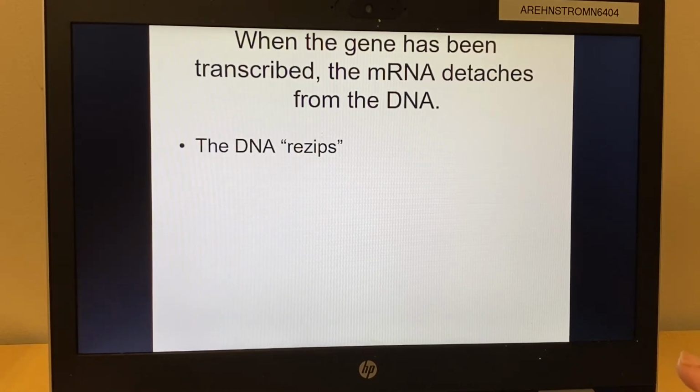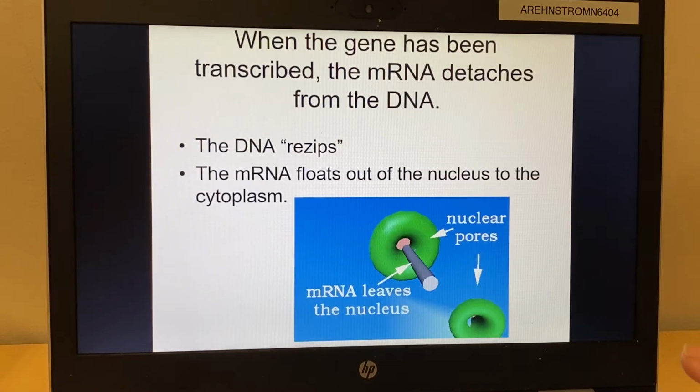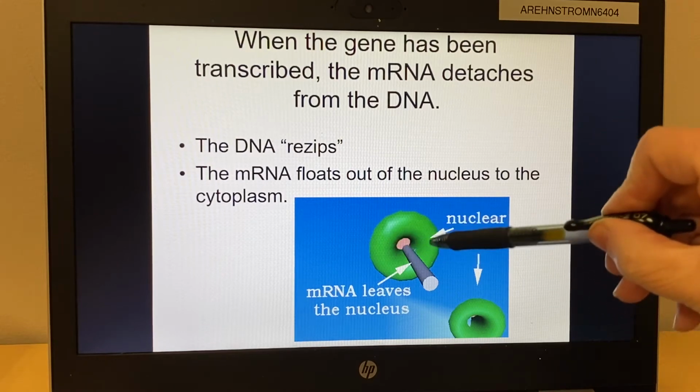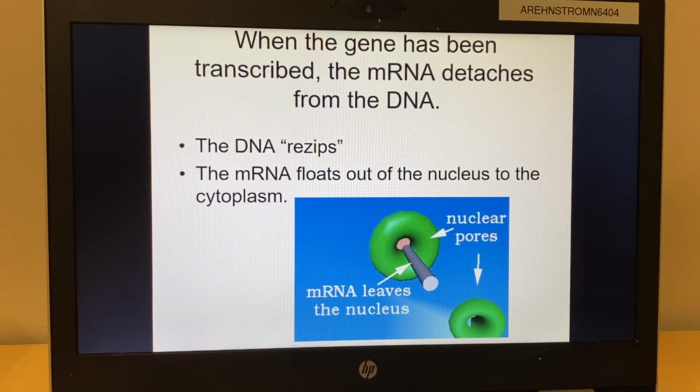The DNA zips back up on itself and goes on taking its nap. Then the messenger RNA is going to float over to a ribosome, and in the case of your cells, which have a nucleus, it's going to float out of these big holes in your nucleus called nuclear pores.